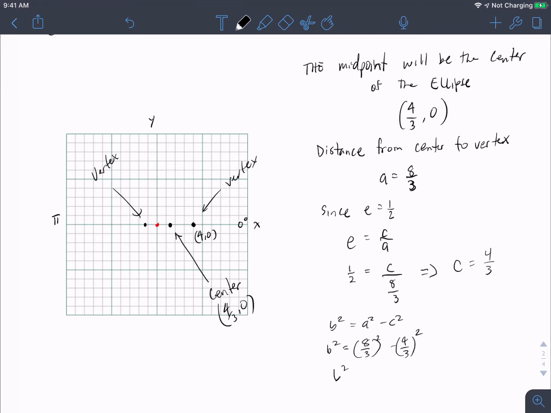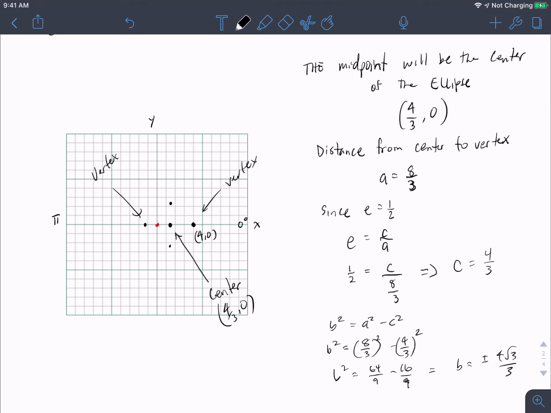And that's going to give me B squared is equal to 64 over 9 minus 16 over 9. And that's going to clean up to give me B is equal to plus or minus 4 radical 3 over 3. And 4 radical 3 over 3 is going to be a distance of just over 2. And it's going to be plus or minus.